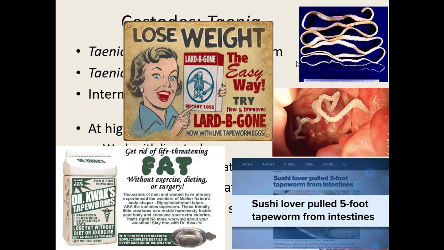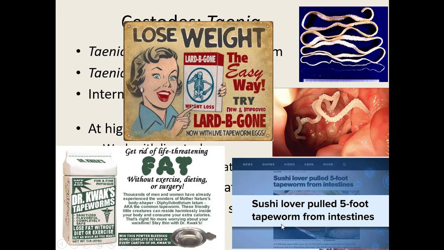Again, we're only going over some of the top tapeworms and the top worms, but there are so many out there. So sushi lovers, just know, it does put you at a higher risk, especially if it is fish that comes from the wild. Fish that come from hatcheries, pretty low risk. Fish that come from the wild, oh yeah, definitely at risk for a tapeworm.